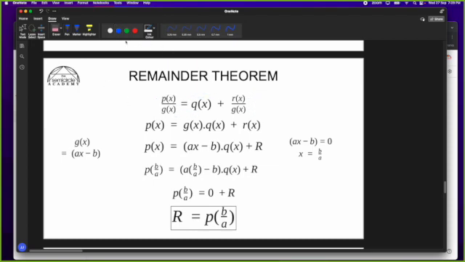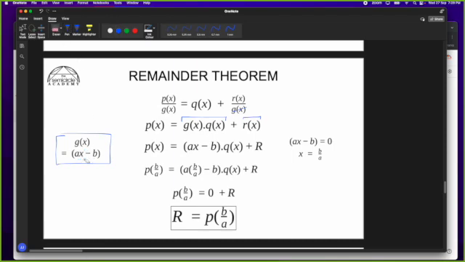When we threw it across, we ended up having the divisor multiplied by the quotient here, and the divisor cancels with this divisor, so you end up getting the remainder. Let me just say that the divisor g of x is actually an expression, ax minus b, a linear expression. Linear, you notice it has no square here. So in the remainder and factor theorem, what we are dividing by will usually be linear.